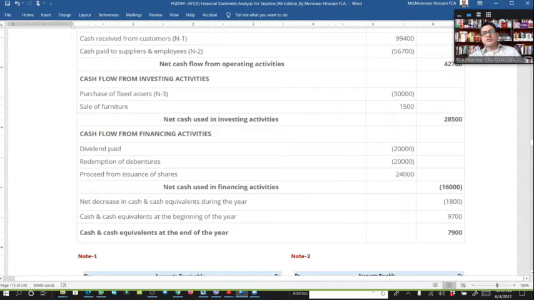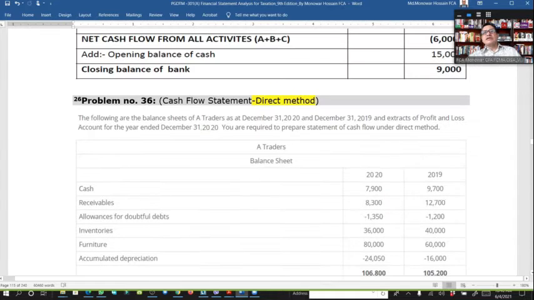Total is a decrease in cash and cash equivalents. Cash and cash equivalents at the beginning of the year 9,700, and closing would be 7,900. Here 9,700 is for 19, and the 7,900 is the closing balance of 20.